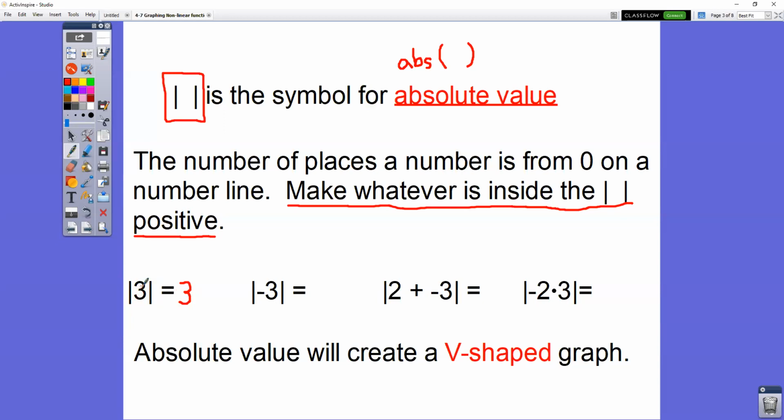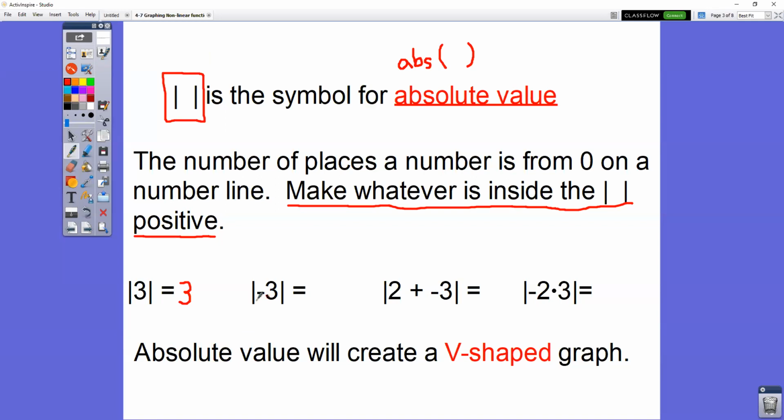You're just taking whatever's inside those 2 straight up and down lines and making it positive. If it is positive already, you're just going to keep it positive. So the absolute value of 1 is 1. The absolute value of 2 is 2. The absolute value of 3 is 3. The absolute value of 5 is 5. The absolute value of 10 is 10, and so on and so forth.